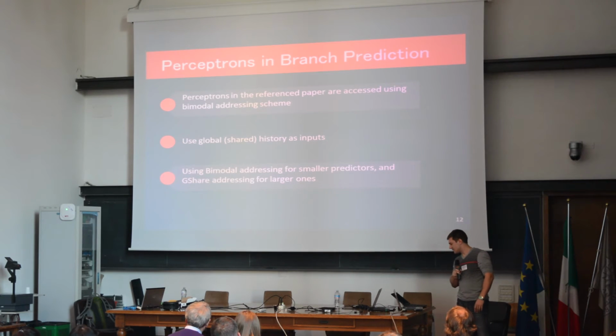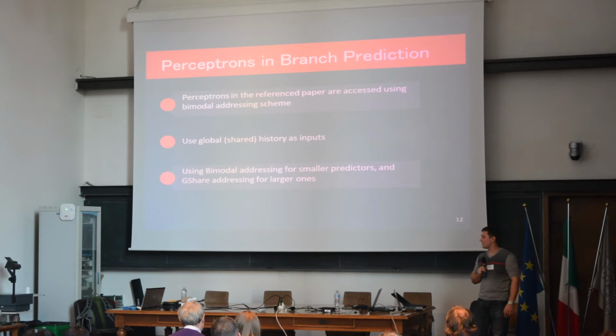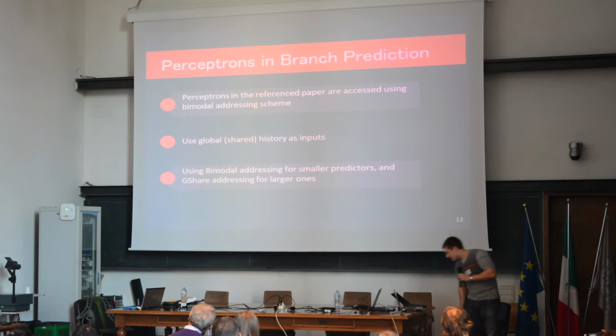And in this approach, the authors of the paper used bimodal addressing, similar to the commonly known bimodal saturating counter approach. And they used the shared history, which is fed to the selected perceptron after the bimodal selection happens.